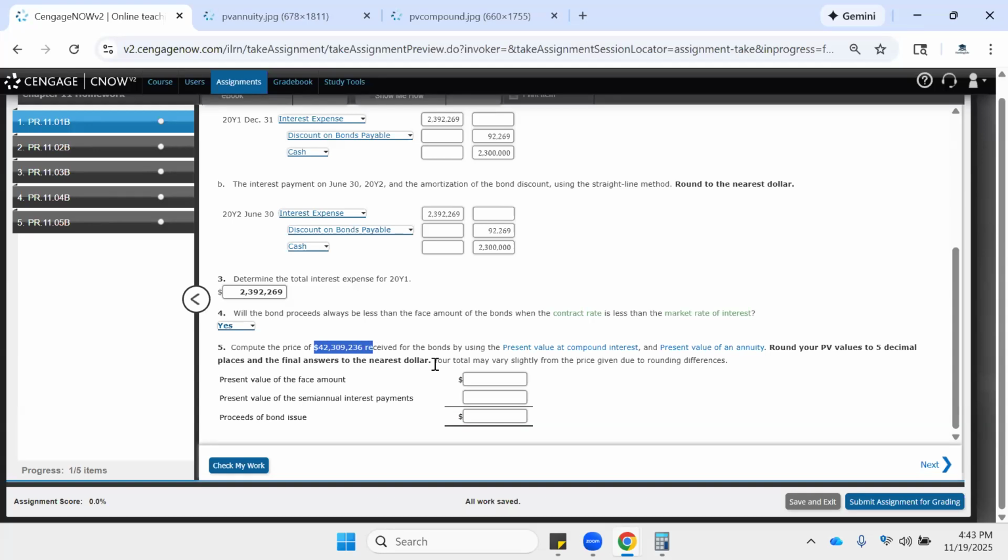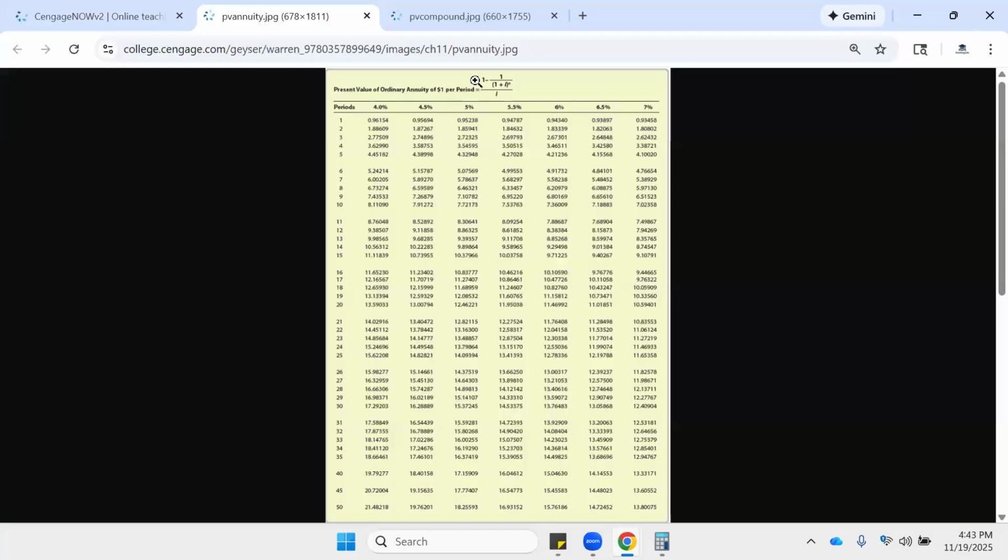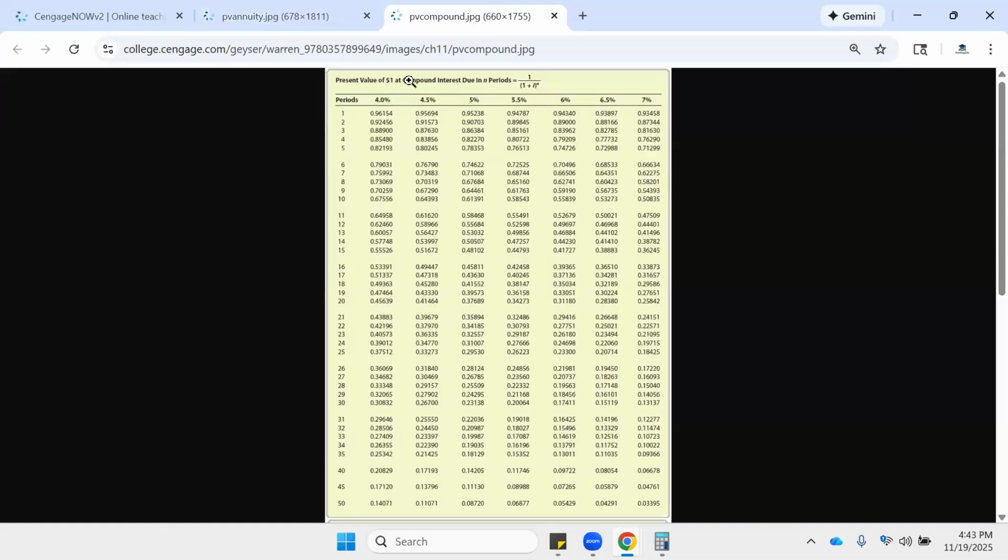How we calculate the present value of a bond is by using the present value at compound interest and the present value of an annuity. And present value of compound interest uses this formula, 1 divided by 1 plus i, and then to the nth power.